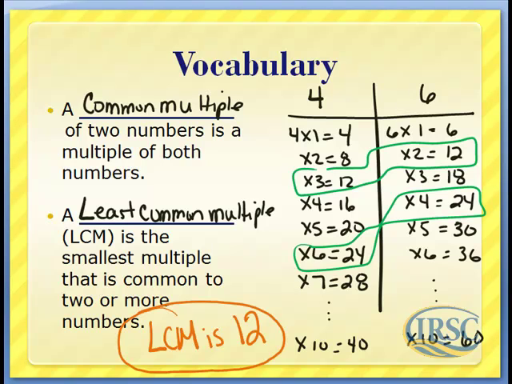And you knowing how to find the least common multiple, in turn we're going to talk about the LCD, will help you in finding or simplifying a fraction when you have two different denominators.